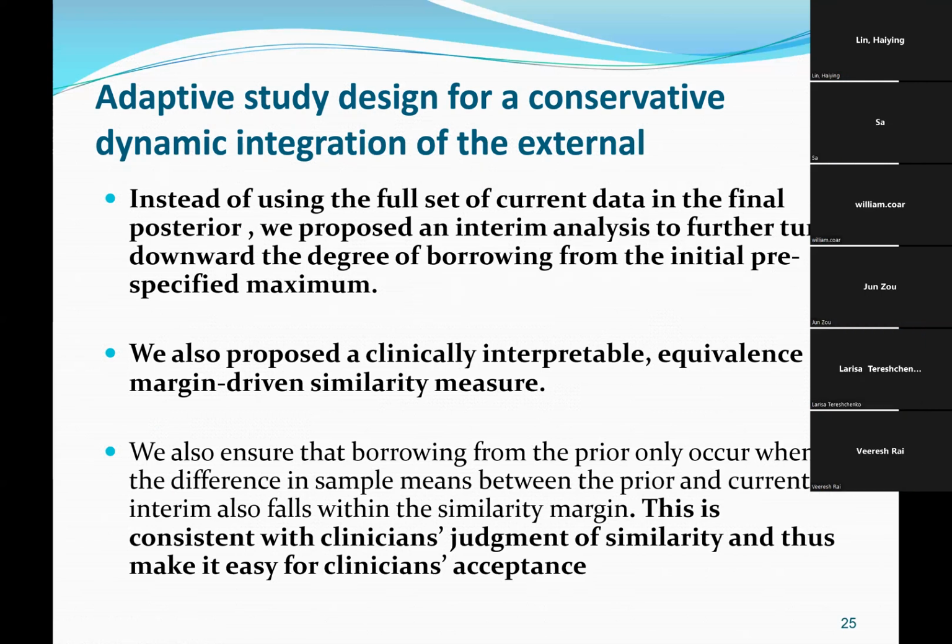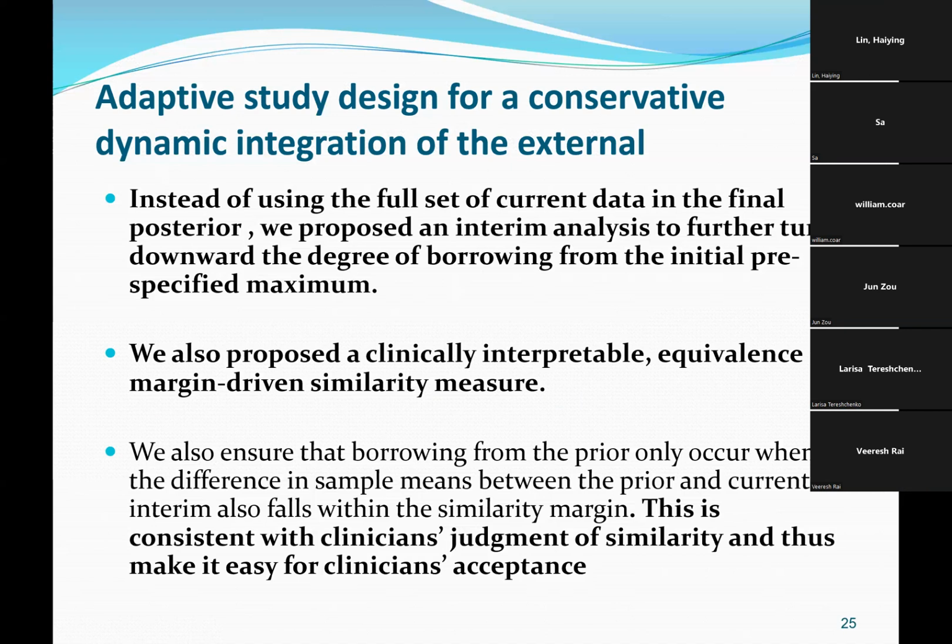And also, instead of hypothesis testing to derive the p-value for the difference to judge the similarity using the Weibull function to fine-tune the degree of borrowing, we actually plug in a so-called equivalence margin driven by clinical reasoning.